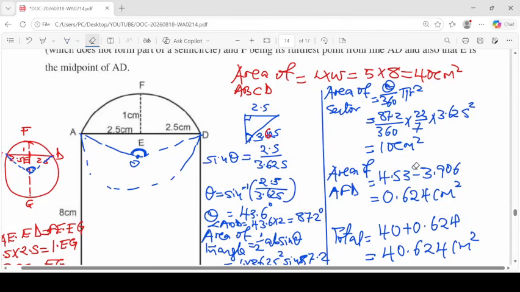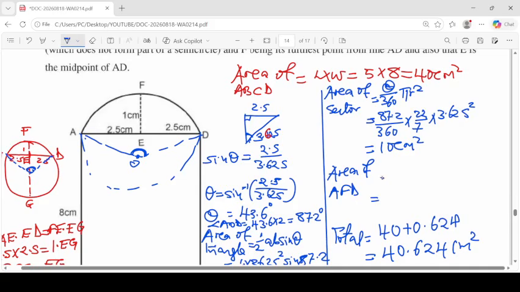Then now to get the area of this segment, you take the area of the sector minus the area of the triangle. The area of the sector now we found as 10.